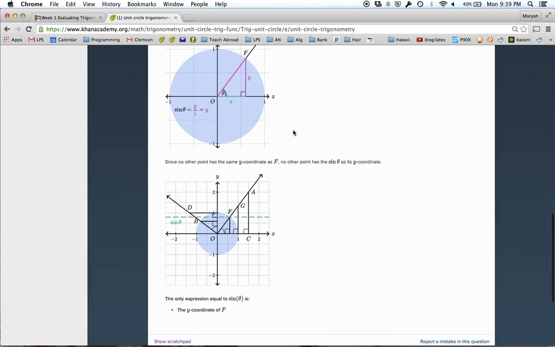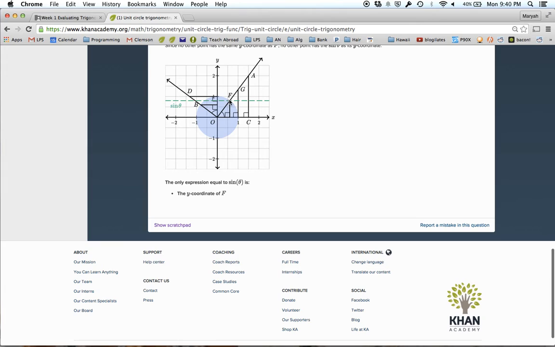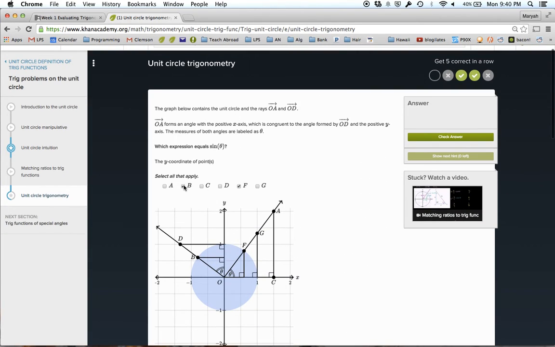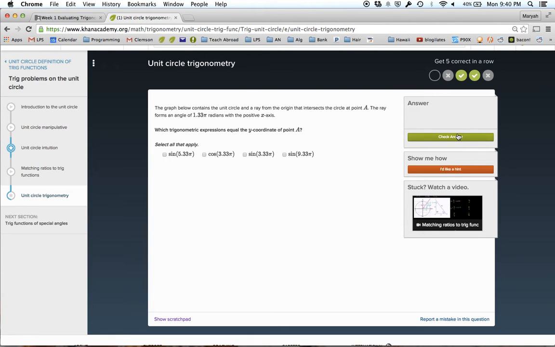It looks like it's just f. Yeah, so if f and b were congruent, if they were on the same y value, then they would both be consistent. So right now, I accidentally selected b and got it wrong. So like I said, struggle through it, show some grit, and just keep persisting. Let's try one more, and then I'm going to sign off and let you try this.